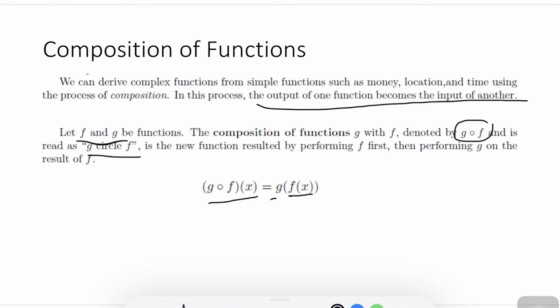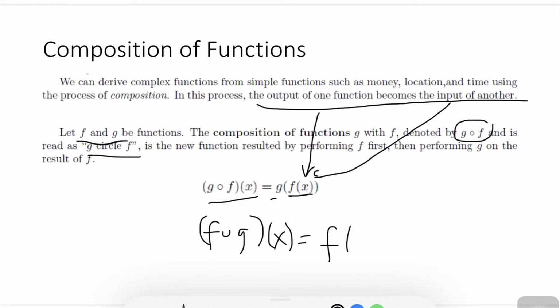The output of the first function will become the input for the second function. So our second function will be g. The first function is f. If it is f circle g of x, you will write f of g of x. So you will first find g of x and then use the result to find f of g of x.